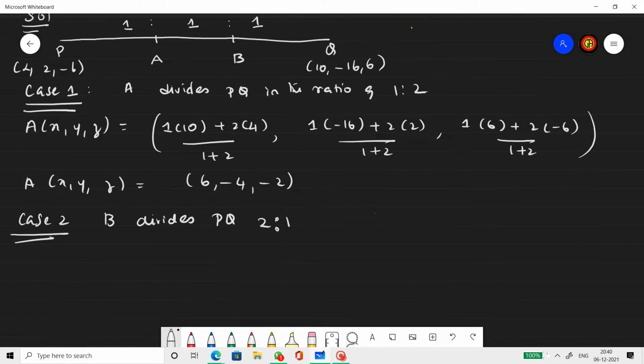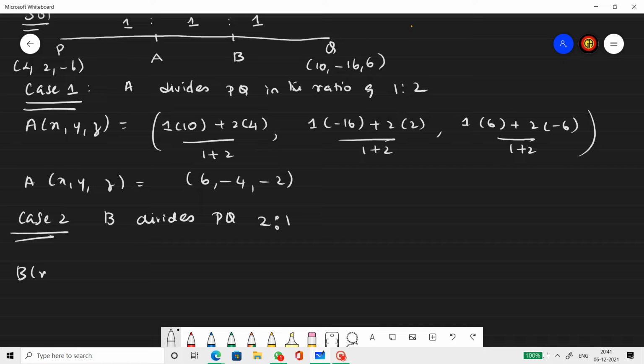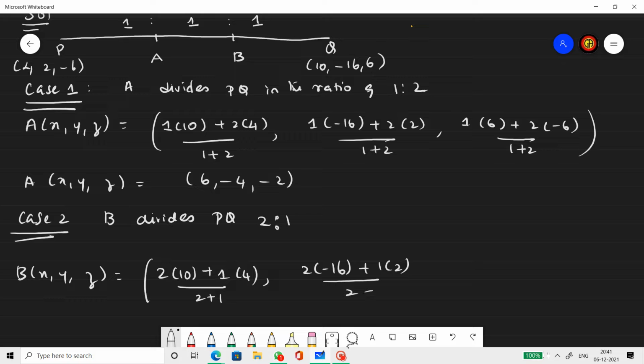So you find B's coordinates here, which is x, y, z, equals 2 times 10 plus 1 times 4 by 2 plus 1, comma, 2 times minus 16 plus 1 times 2 by 2 plus 1, comma, 2 times 6 plus 1 times minus 6 by 2 plus 1.